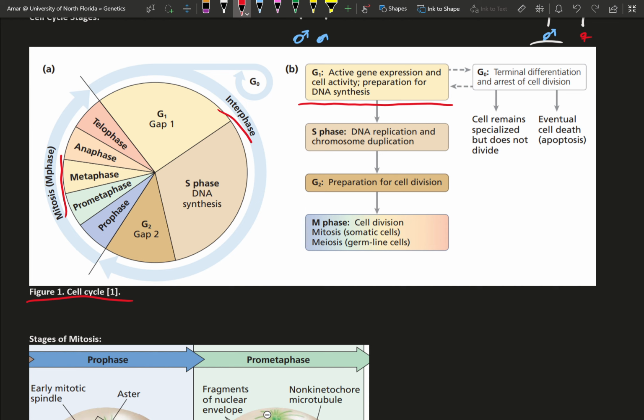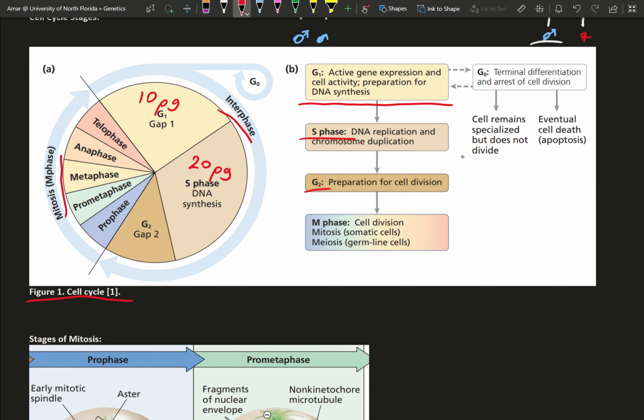So what happens here is you would start off with a certain amount of DNA. Let's say there's 10 picograms of DNA here. In the S phase, you're going to end up with 20 picograms of DNA. Then after you leave S phase, you go to G2 phase, where you're preparing for cell division by condensing all your chromosomes.